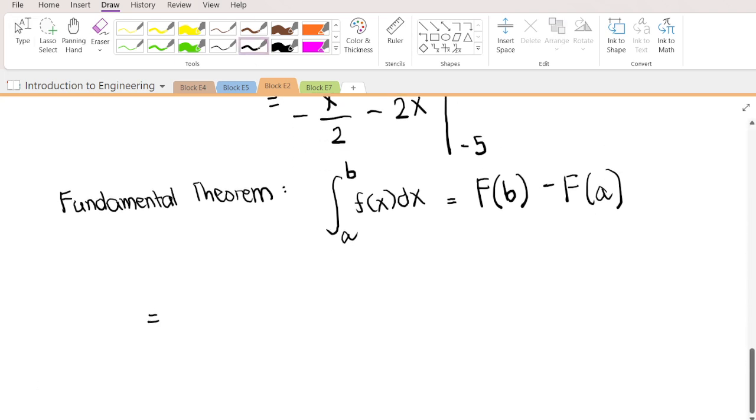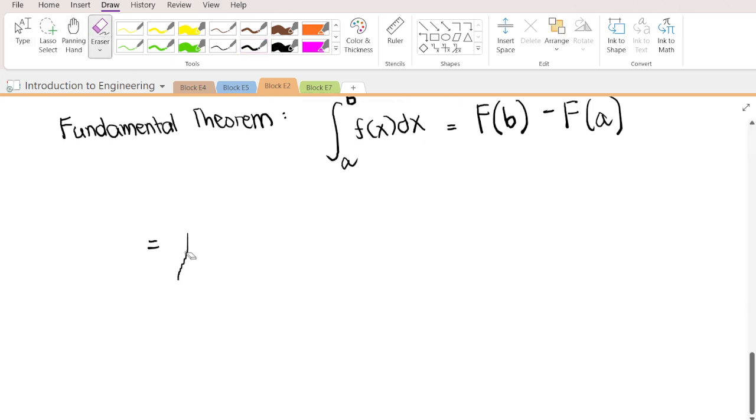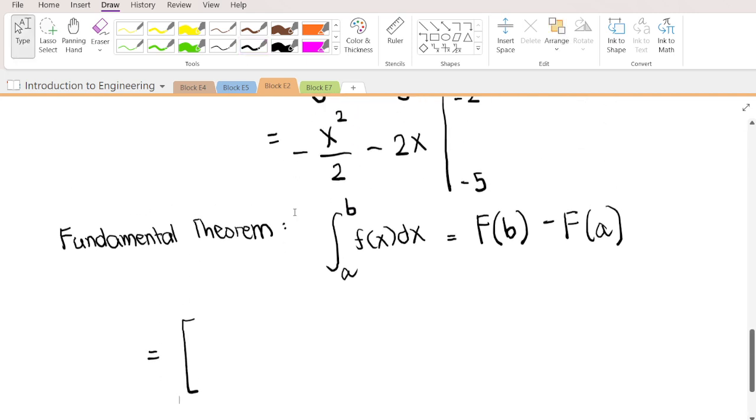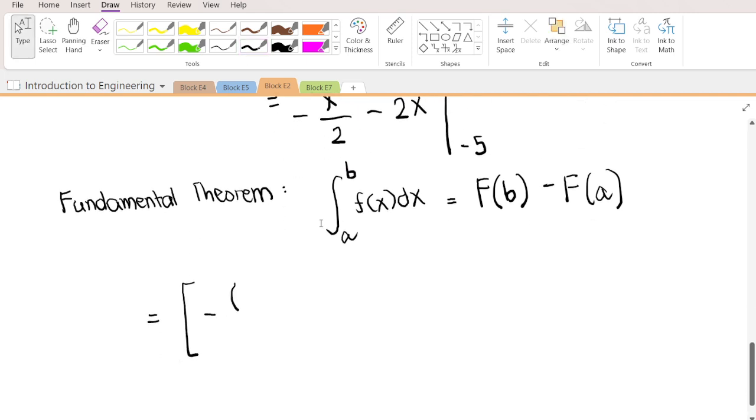So in this case, we have negative x squared.